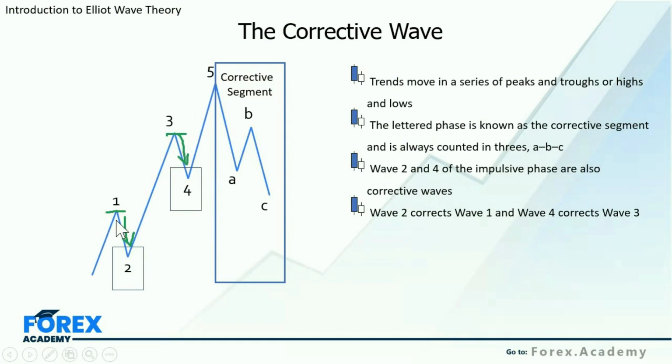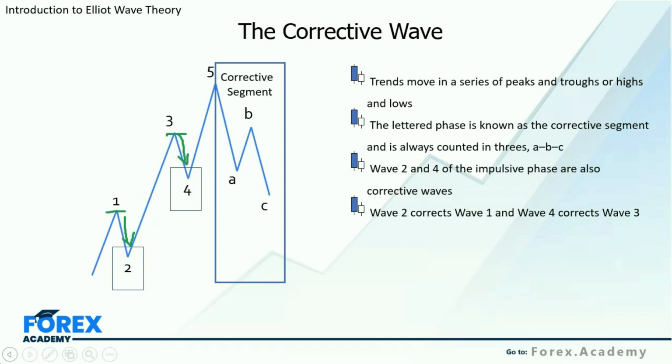It does move in this impulse to the upside, followed by a pullback, followed by a further impulse, followed by a pullback. So it's just following that as a narrative, but being able to visually identify it on a price chart. And we'll have a look at some price charts very shortly to show you this in a little bit more detail. So just be aware that wave 2 corrects wave 1, and of course wave number 4 corrects wave 3.